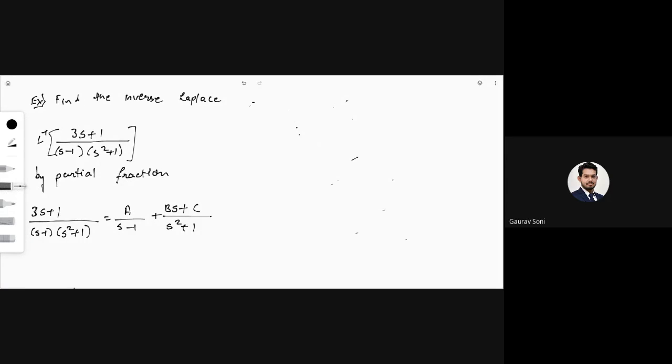So doing cross multiplication, I'll get 3s plus 1 is equal to a into s square plus 1 plus bs plus c into s minus 1. So I can collect the coefficients: 3s plus 1 is equal to a plus b into s square.